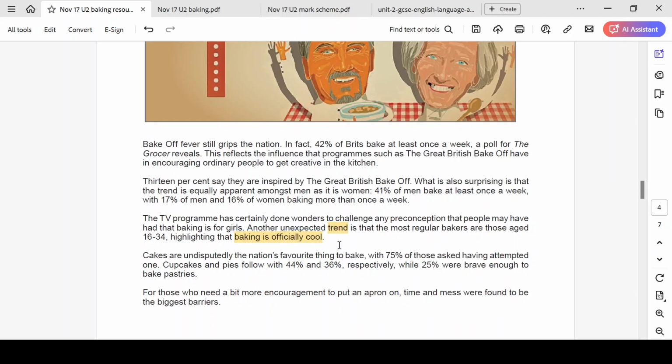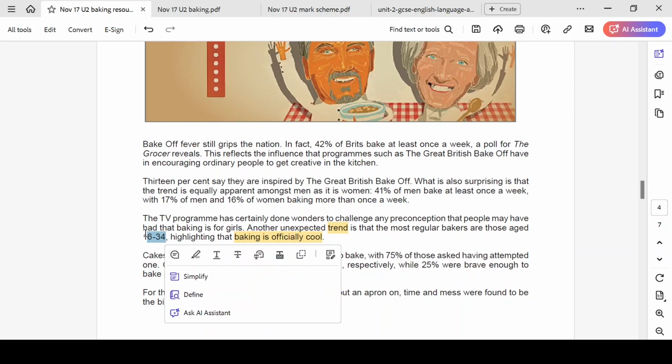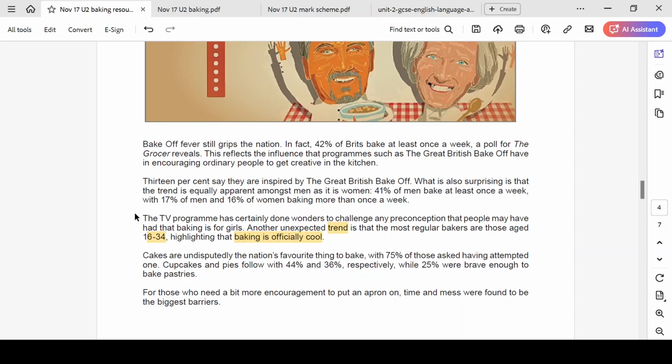Things that are trendy are seen as cool, and the people who do most baking are those aged 16 to 34. And that kind of age group is seen probably as the coolest. Certainly when you get older than 34, believe me, you're no longer cool. And I guess when you're a bit younger than 16, yeah, you think you're cool, but you're not, are you? So something to do with this idea that it's 16 to 34-year-olds.